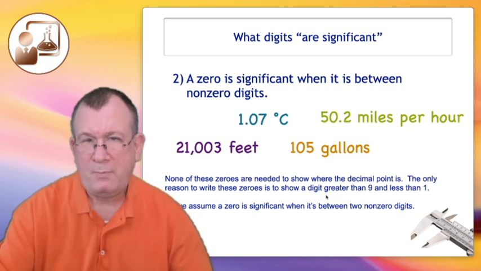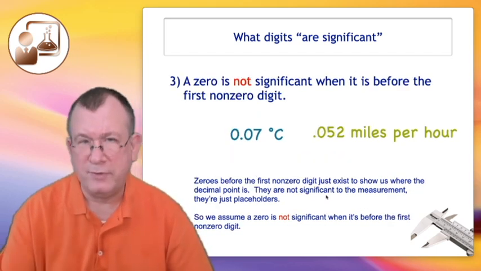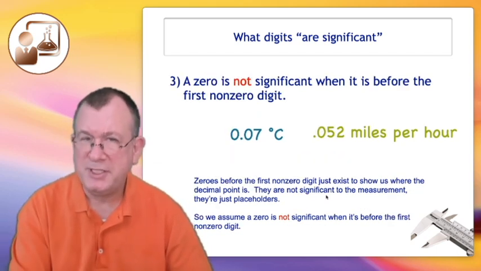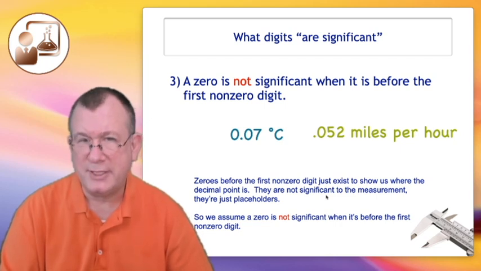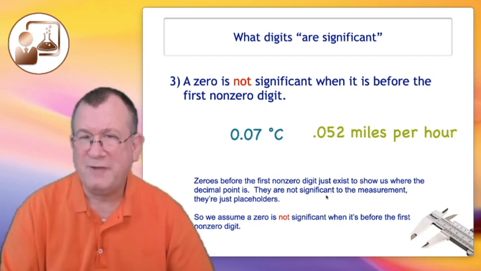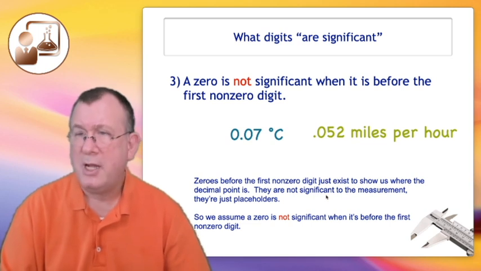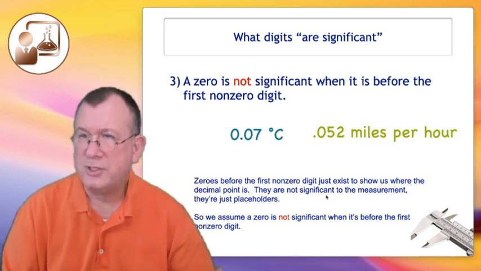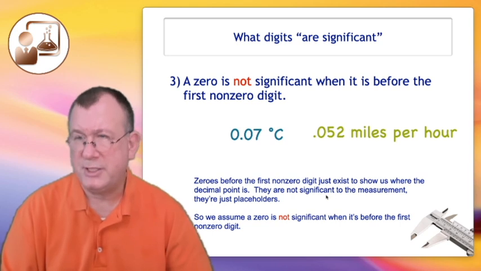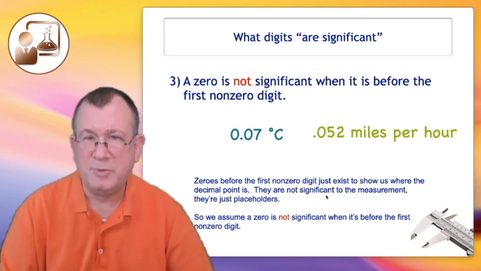All right. Now's where it gets a little bit more confusing. Let's say somebody tells me 0.07 degrees Celsius, or 0.052 miles per hour. How many of those digits are significant, are part of my measurement, and how many are just placeholders? When a number starts with zeros, the only reason to start a number with zeros is to show where the decimal point is.